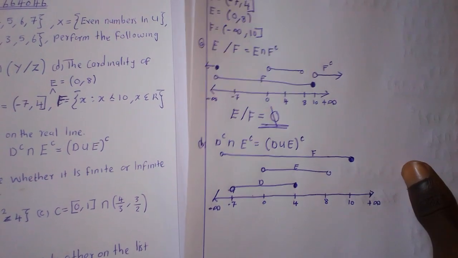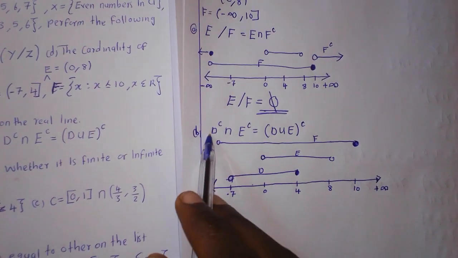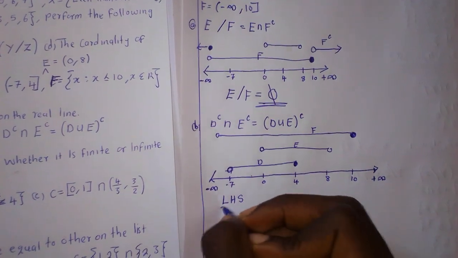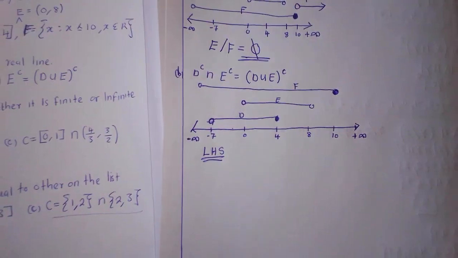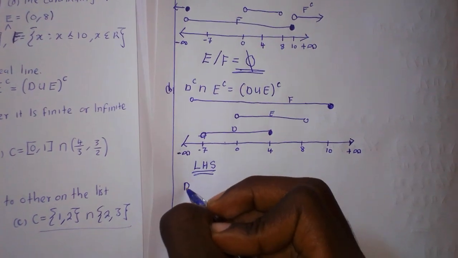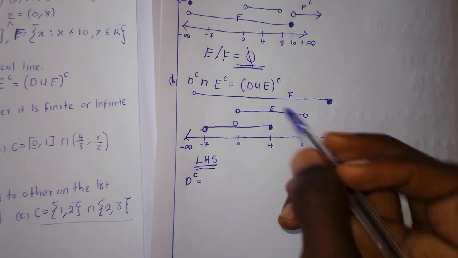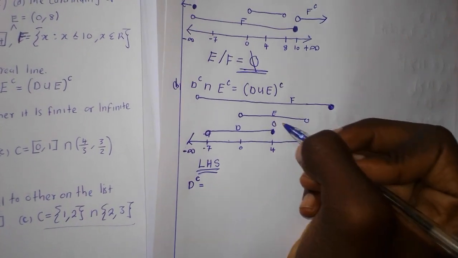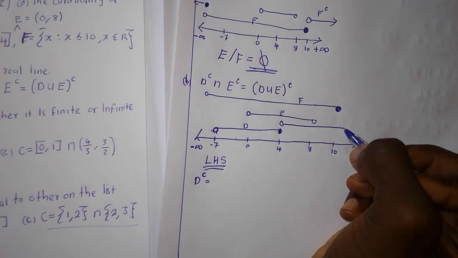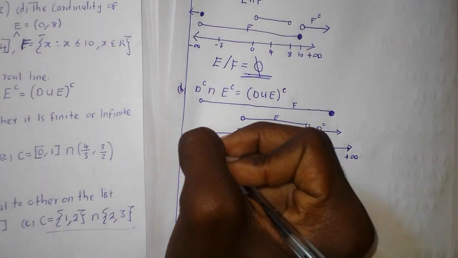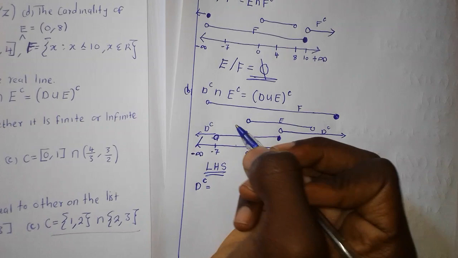Now we have been told that according to the theorem, we are going to do the left hand side. So now the left hand side, we have D complement. Now D complement simply means I'm going to draw an open circle here and take this side.